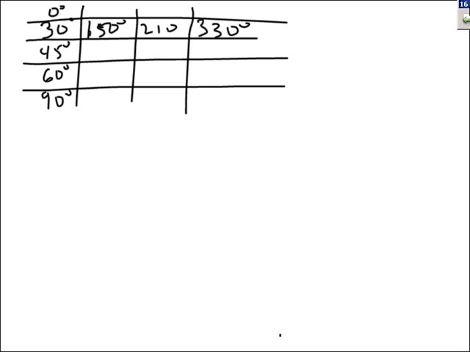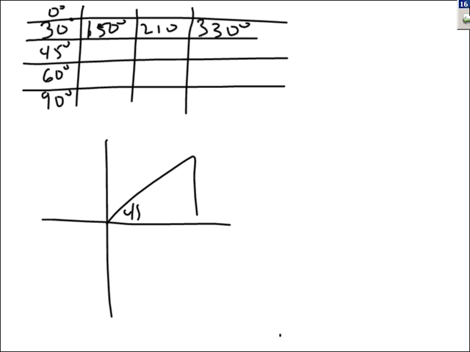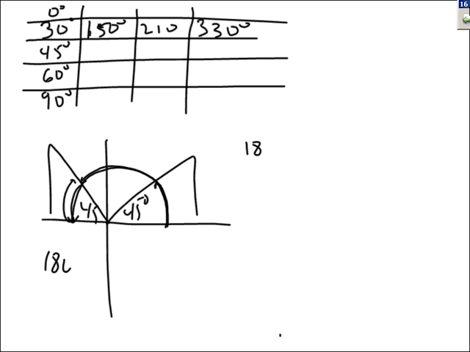For 45 degrees, well, if you're in quadrant 1 and the reference angle is 45, well then you're 45. But what if you're in quadrant 2? If this angle here is 45, how big is this angle? Well, go too far, go to 180, and then go back 45. 180 minus 45 is 135.